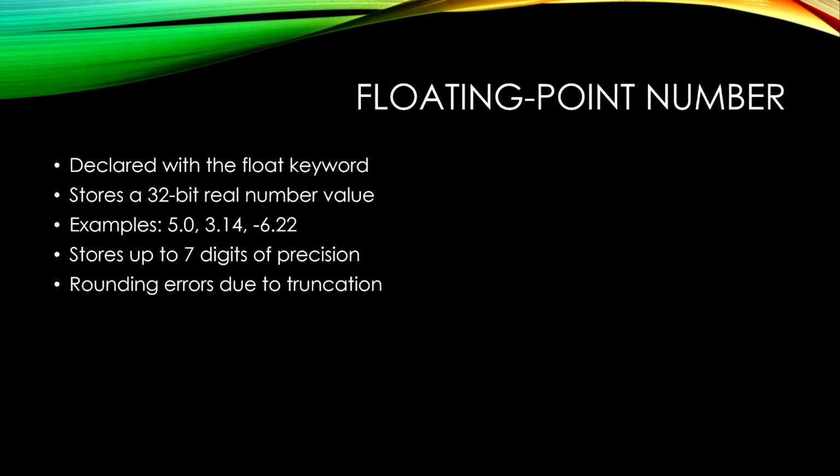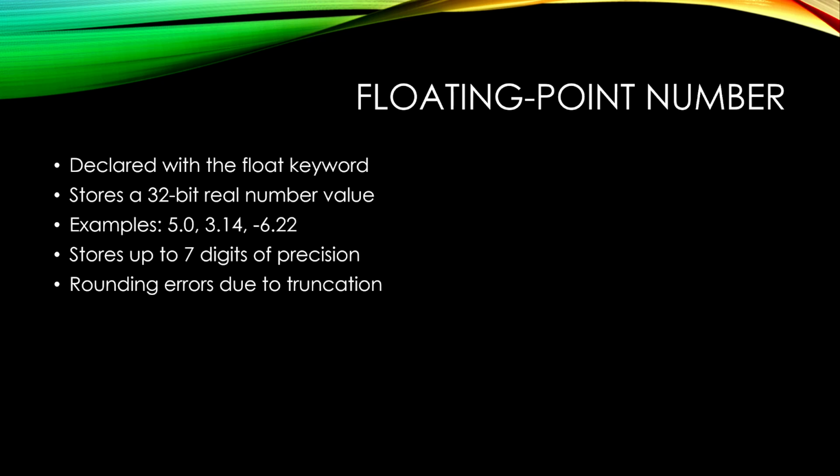We have floating point numbers. So these are declared with float, just like they would be in Python if you were to cast a number explicitly as a float. This is a 32-bit real number value. Can be positive or negative. Generally lower depth than what a lot of programs might call for. And in using floats, you'll often notice a compiler warning saying, hey, we're having to truncate the information you gave us down from a double to a float, which we'll get to a double in a moment.